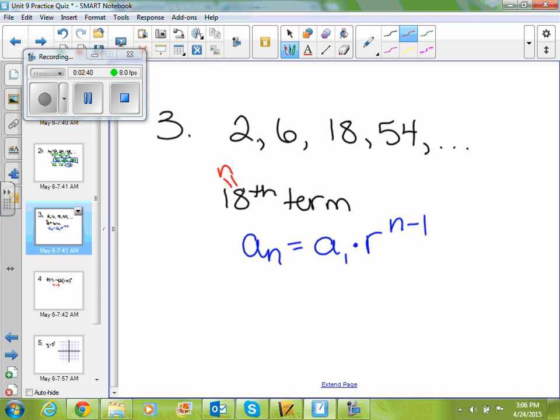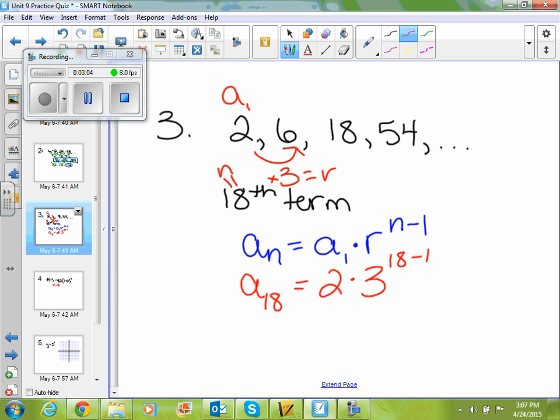What's my a sub 1, my first term? 2. And what do I do to get from 2 to 6? Times 3. So times 3 is my r. Okay, so if I plug that all in, my 18th term, a sub 18, equals my first term, which is 2, times 3, which is my common ratio, to the 18 minus 1. What's 18 minus 1? 17.